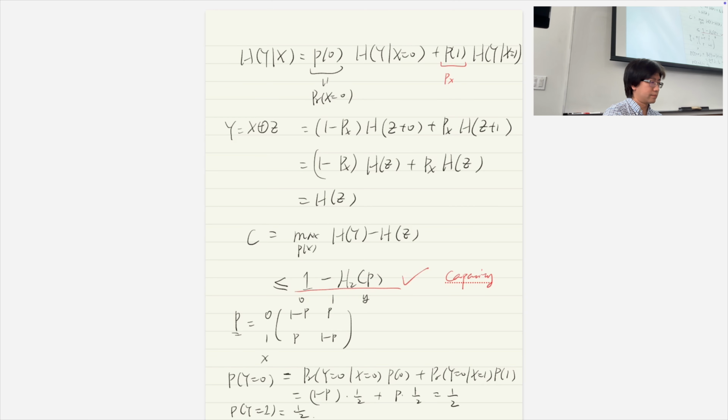Is that clear? Great. If that's clear, then let's see another example: the capacity of the BEC channel. Let's see how we can compute it.